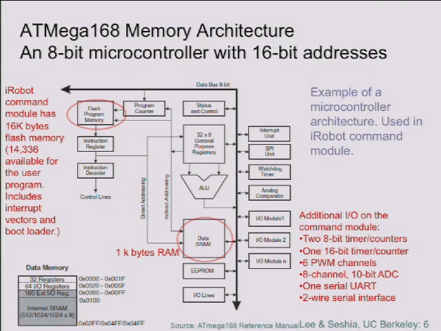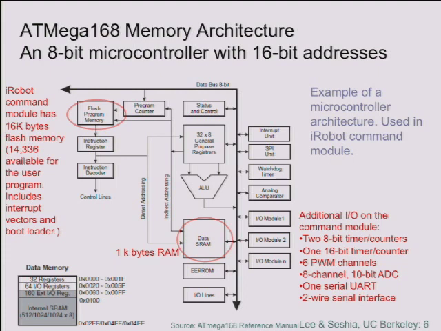Now, how is that data RAM used? Well, C programs use a stack. The compiler generates code that every time you call a procedure, it puts stuff on the stack, okay? What does that mean? Well, it actually starts using memory from the bottom of the memory like that, okay?